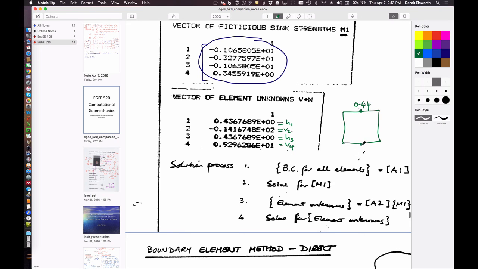The head at this point is equal to, same, 0.44. The velocity across the boundary at this place is equal to minus 14.16, minus 14, and the velocity at the other point is equal to plus 9.